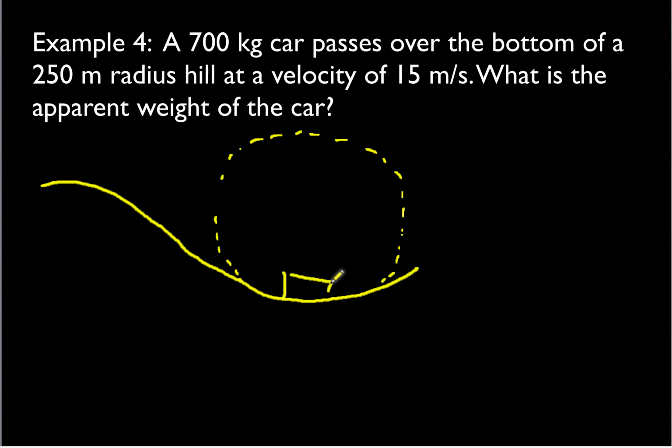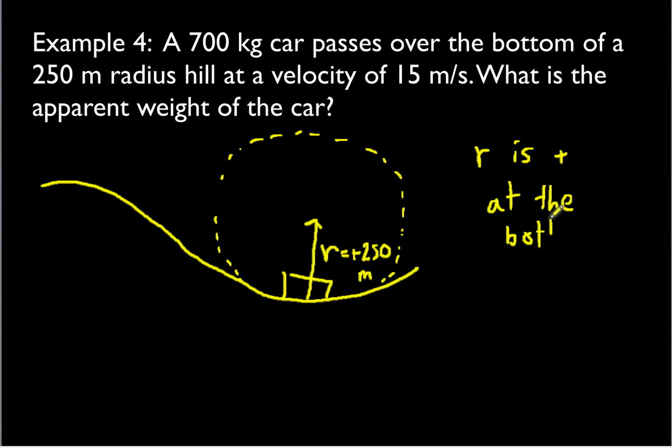Our circular radius points up towards the center of the circle. So the radius is positive 250 meters. The radius is positive at the bottom of a hill. This changes the situation entirely.